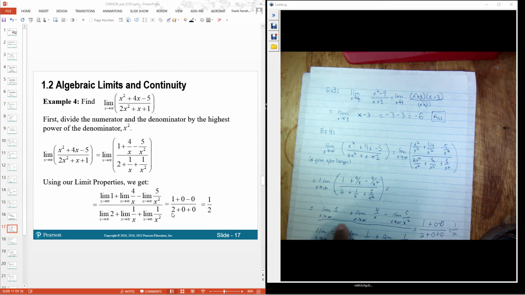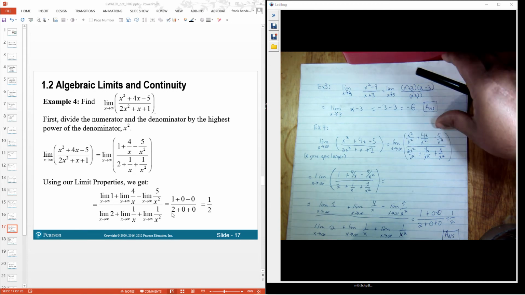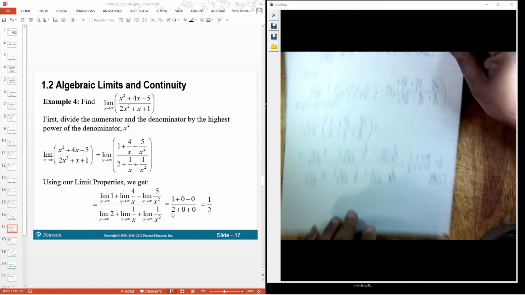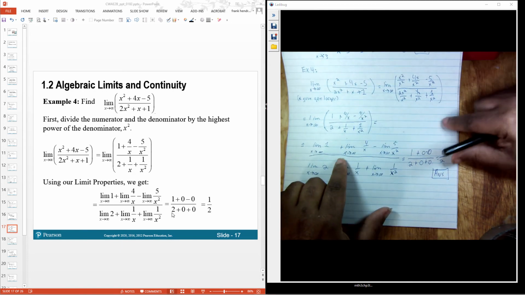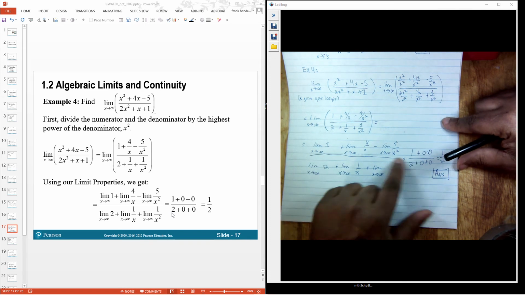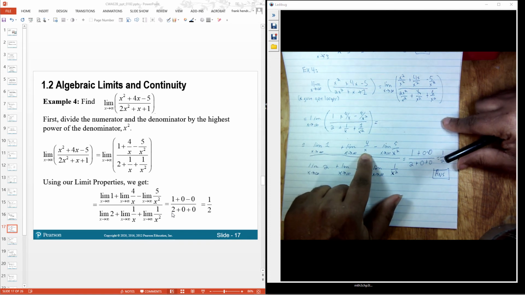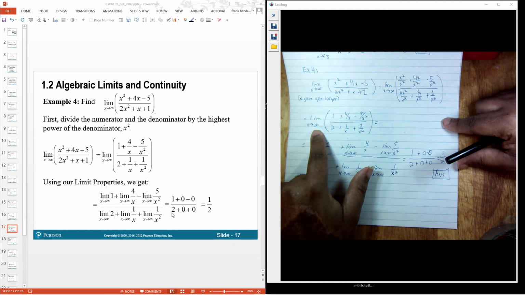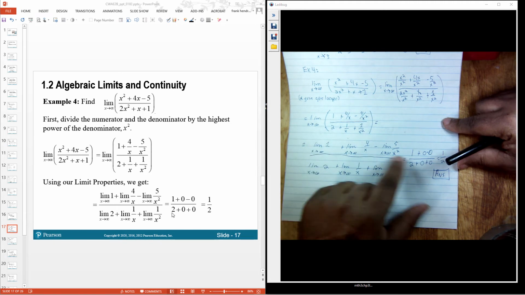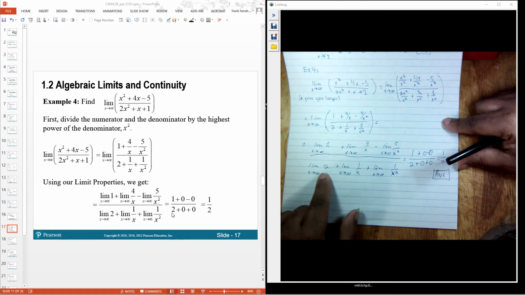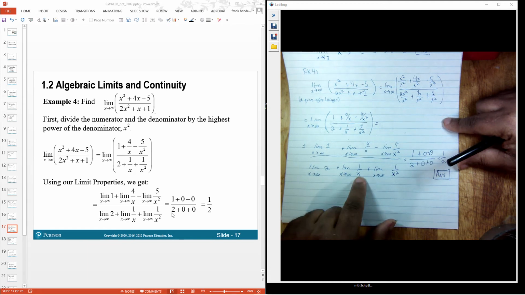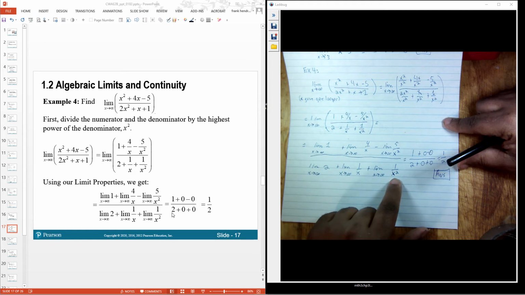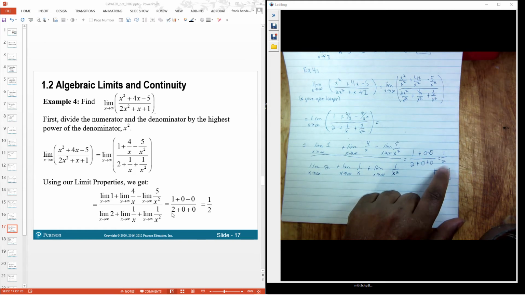Now when I take the limit of a constant, it's going to be that constant. As x gets larger and larger, going to infinity, this goes to 0. The limit of a constant is constant. That gets larger, it gets close to 0. So my final answer here is 1/2.